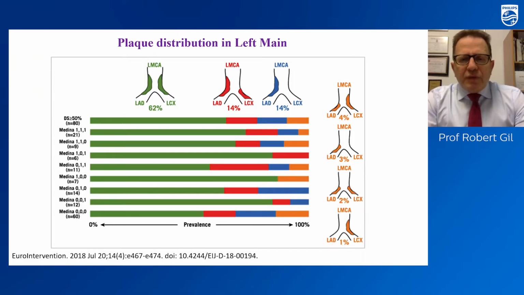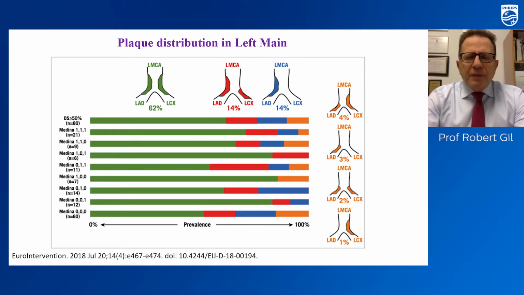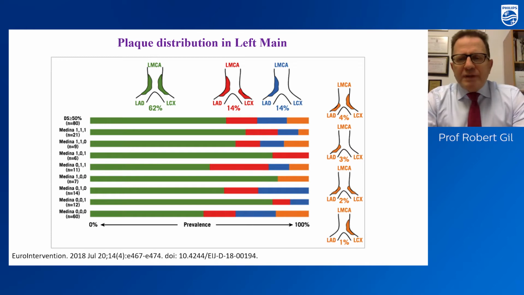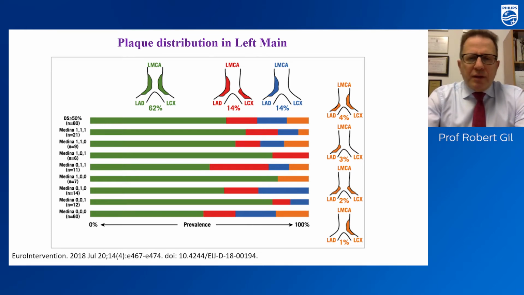In terms of plaque distribution in the left main, which is very important for decision making regarding potential percutaneous treatment, we know from angiographic studies how it looks, and of course it's very difficult to remember in which percentage you can adjust to the particular patient.